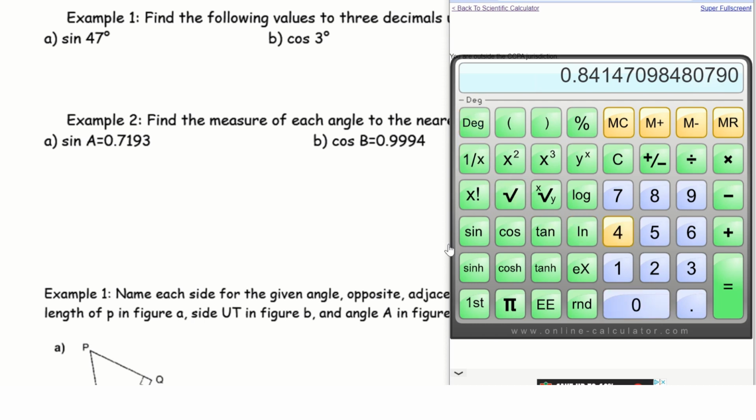An easy way to check is to use tangent of 45 degrees. That is a slope, rise over run, which equals 1. So if tangent 45 is 1, you are in the right mode, degree mode. So sine of 47 is 0.7313. It asks for three decimal places, so we keep 0.731, then look at the next digit.